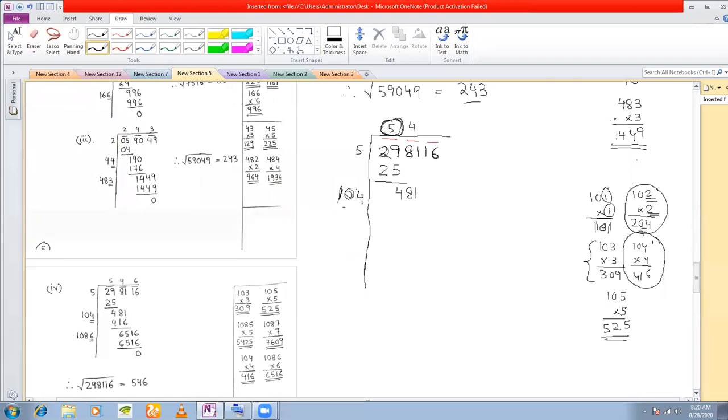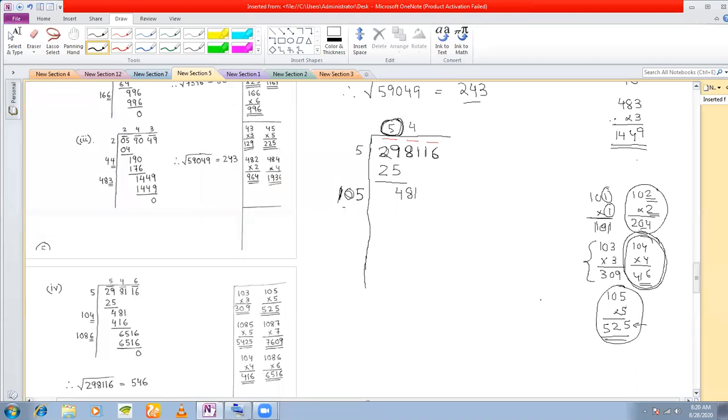You multiply 104 into 4 to get 416, which is slightly less than 481. But we try 105 into 5 also, to check whether it is greater than 481. You place 5 also, 105 into 5.